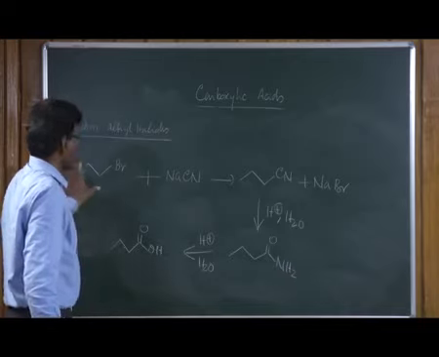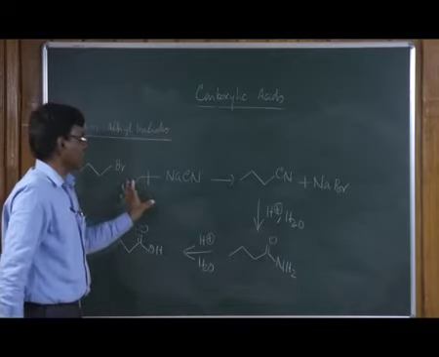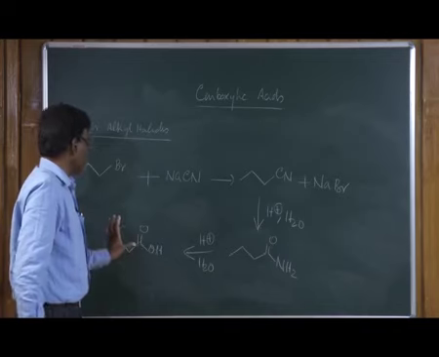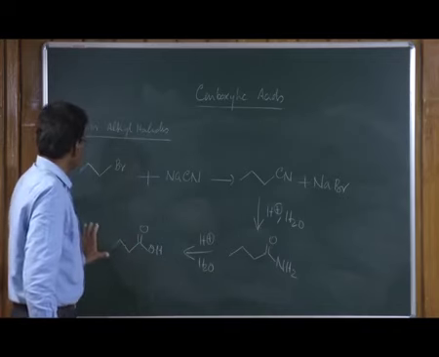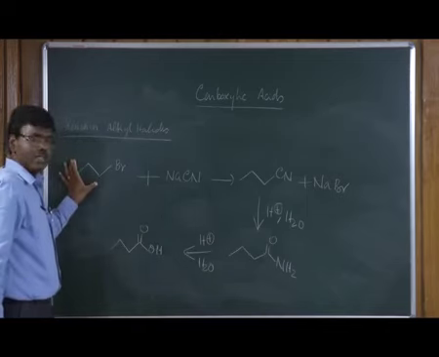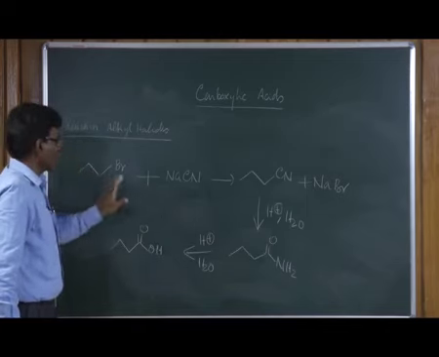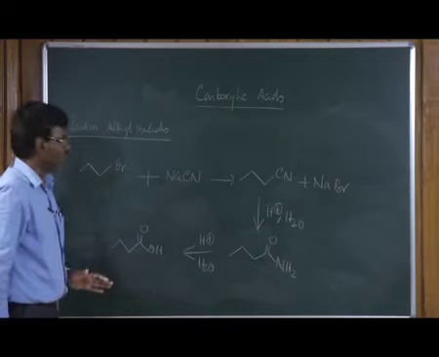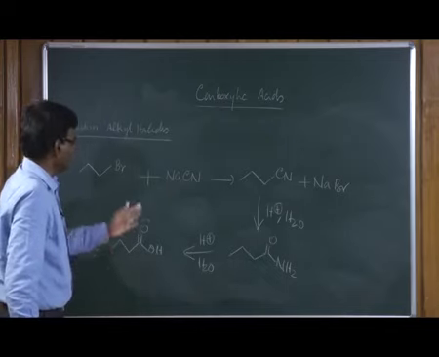So, if you have an alkyl halide, it can be transformed to the corresponding carboxylic acid. What we do here is add one extra carbon. If you look at it, we add one carbon that comes from the cyanide.